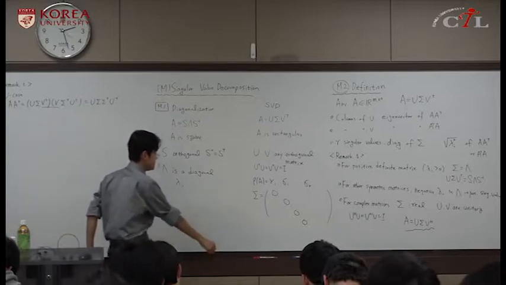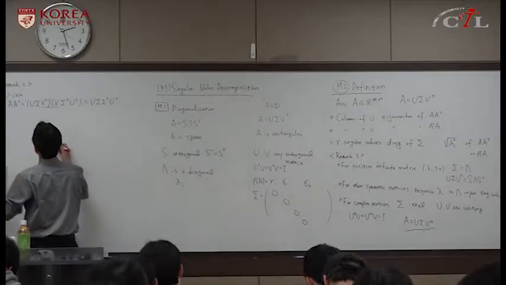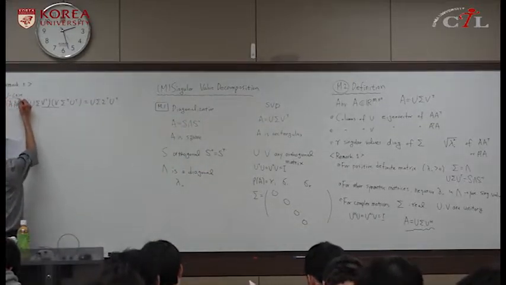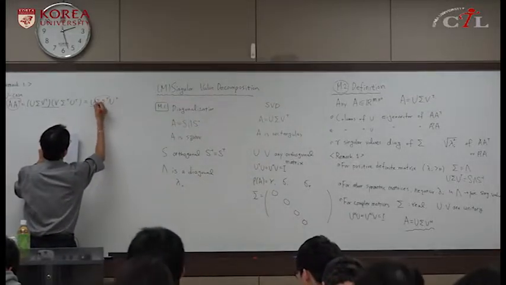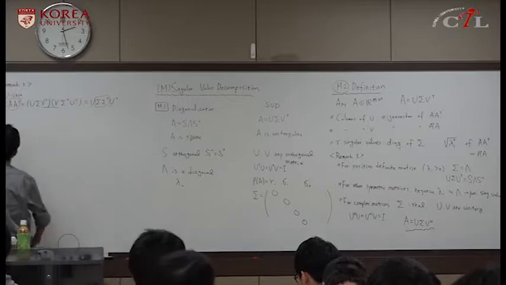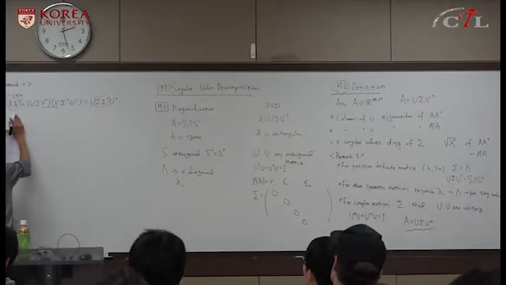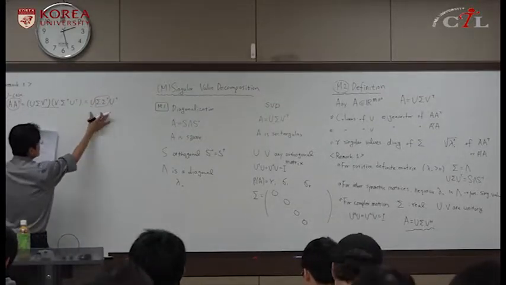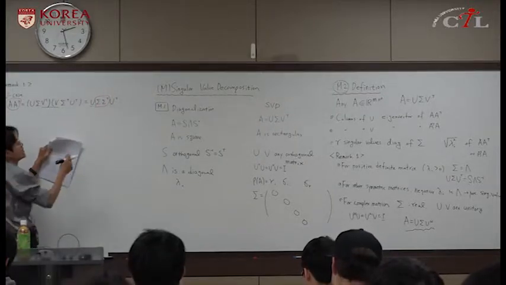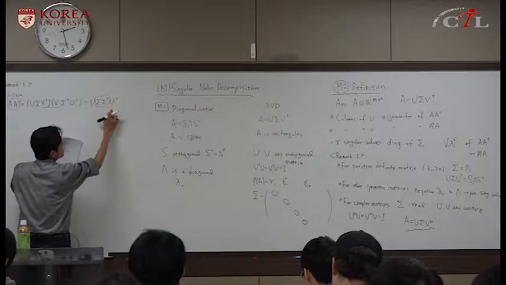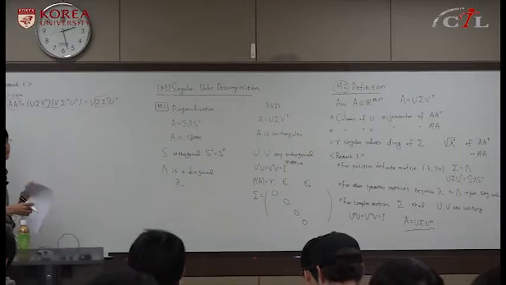Then it's natural that this matrix A A transpose is decomposed in diagonalization form, right? Something times a transpose and a diagonal component.